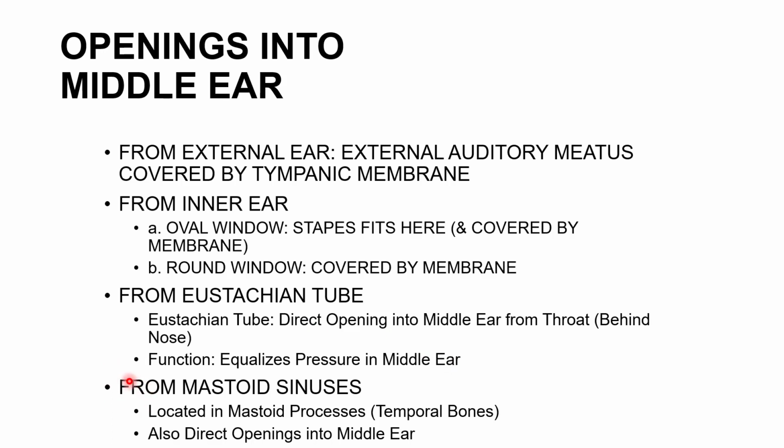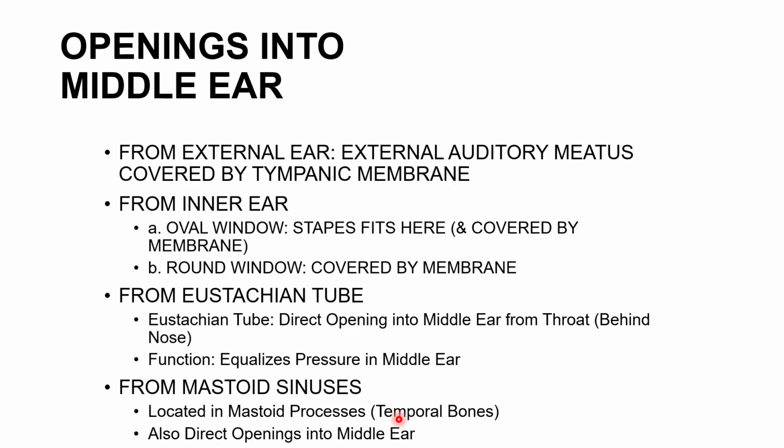And then from the posterior wall, there is the opening of the mastoid sinuses, and this is located in the mastoid process of the temporal bone, and you all can feel your mastoid process. Just behind your pinna, you can feel a bony prominence, and this is your mastoid process.